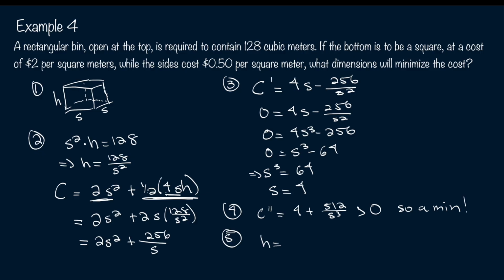So we get h equals 128 over 4 squared, which is just equal to 8. So we know what our h is, we know what our s is, and we know that those have to be a min. So with those, we are able to minimize the cost of the bin that we are looking for.